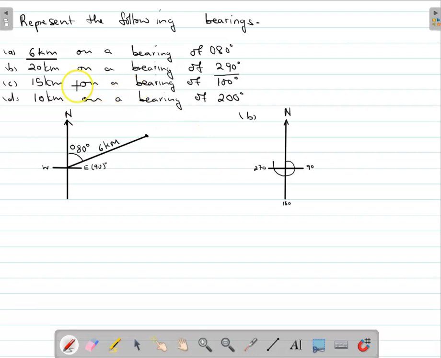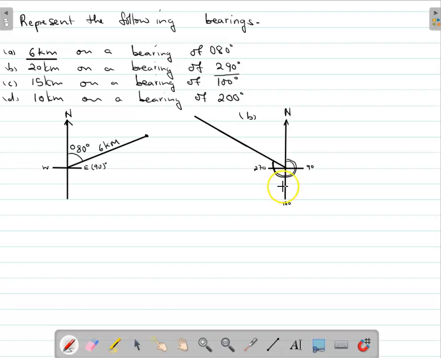So my bearing should come something like this, which means I am going this way, for a distance of 20 kilometers. So maybe I can make my line a bit longer. That's why I don't like joining lines midway, because the line will be very clear that it was joined anyway. Right, so this whole angle is 290 degrees.